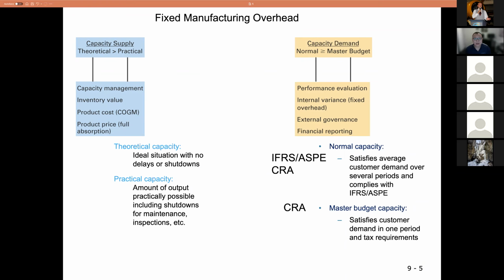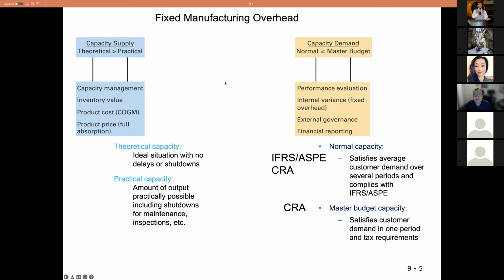Robert: Utilities. Utilities? Sure, I can definitely see the fixed component of utilities. Maybe the utilities also have a variable component, the more production you are making probably costs more utility.